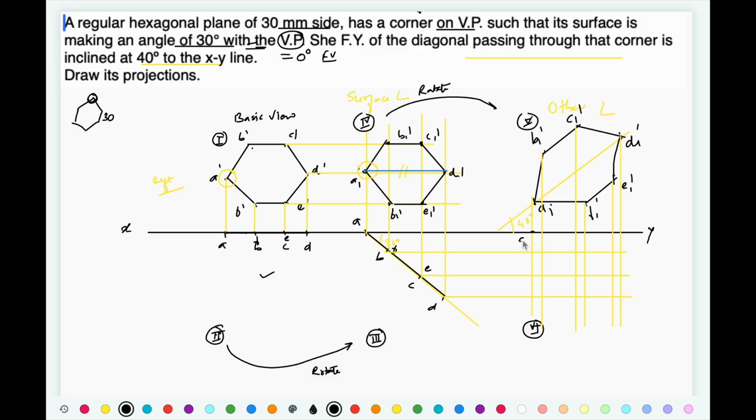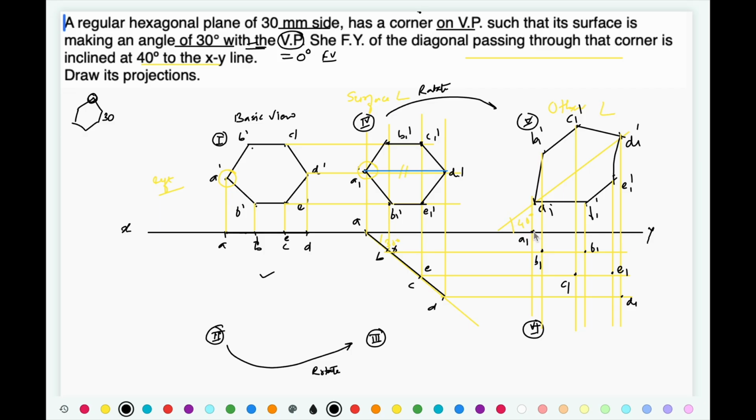So this is A1, this is B1, this is C1, this is D1, this is E1, and this one is F1.